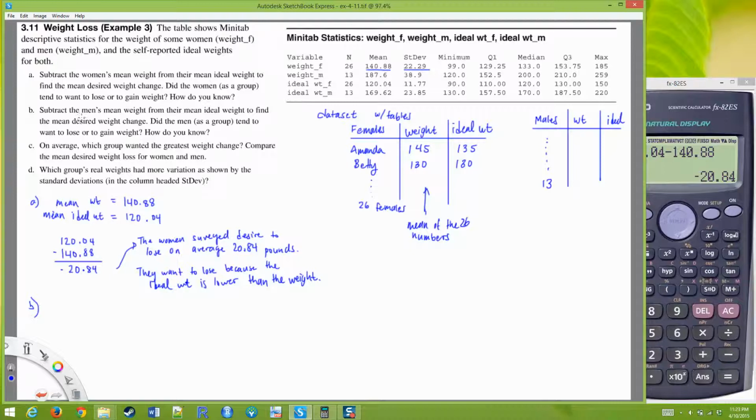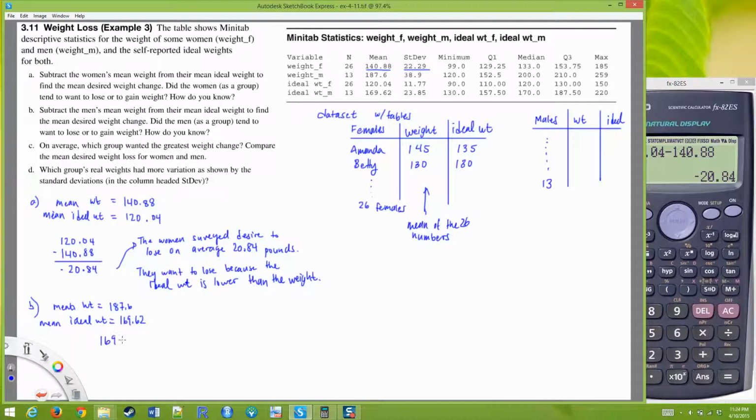We're going to do the same thing for the men. The mean weight is 187.6, and the mean ideal weight is 169.62.